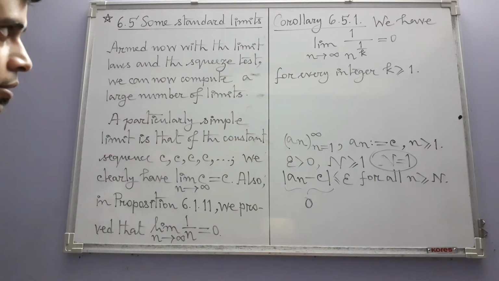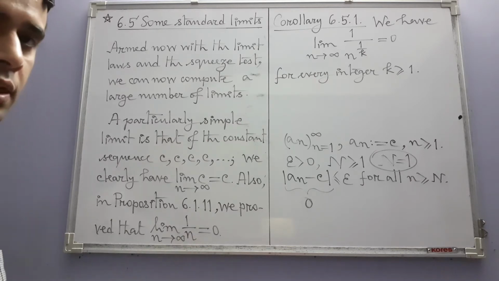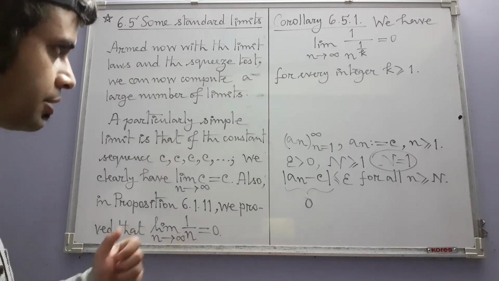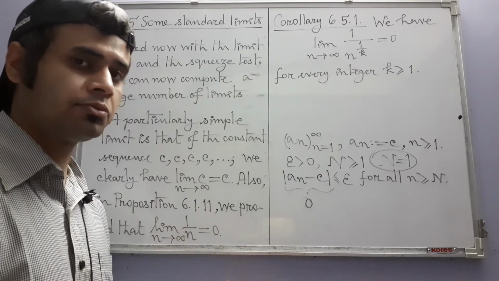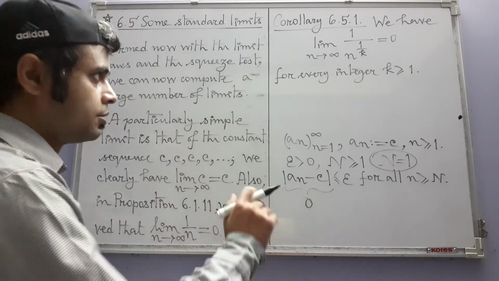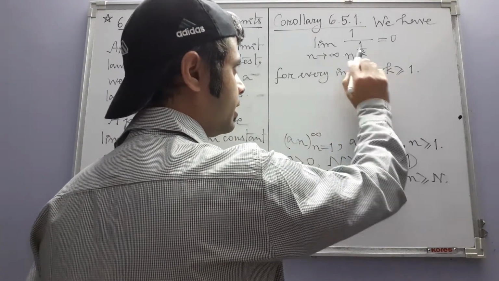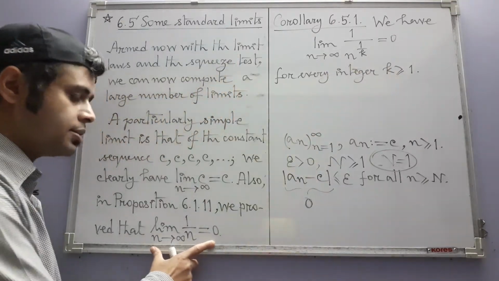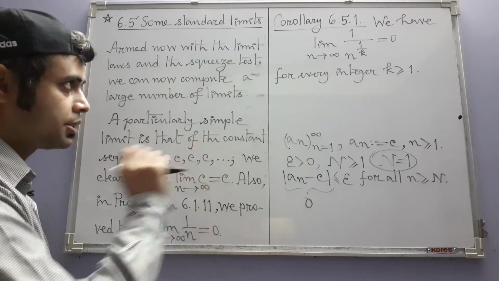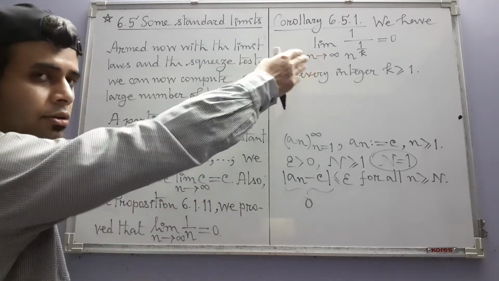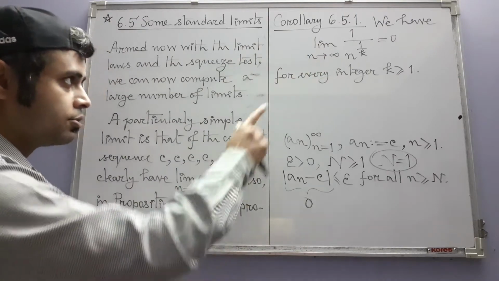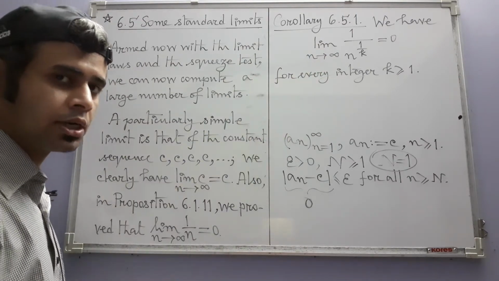Note that here, instead of considering reciprocals of positive integers, we are considering reciprocals of the kth roots of positive integers. So if you in particular take k equal to 1, you are getting this result. So this is a special case of that one. But still this one is a corollary because we need this to prove this one, which now we are going to do.